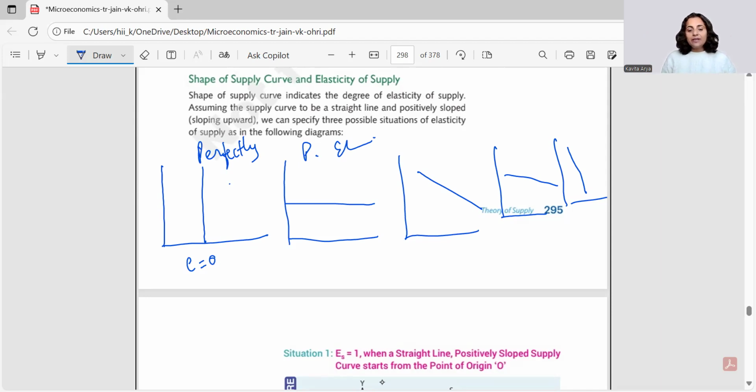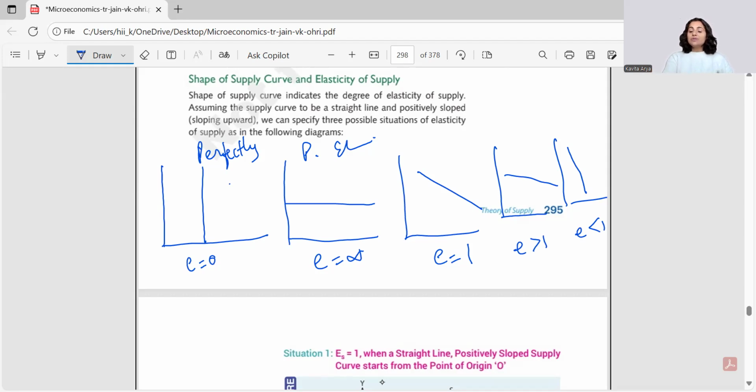So here, perfectly elastic means this is infinite elasticity. Here the elasticity is equal to 1. This is greater than 1 and this is smaller than 1. You must understand that the flatter the curve, the more elastic it is; the steeper the curve, the less elastic it is. And we call it greater than unit elastic or simply elastic, right?